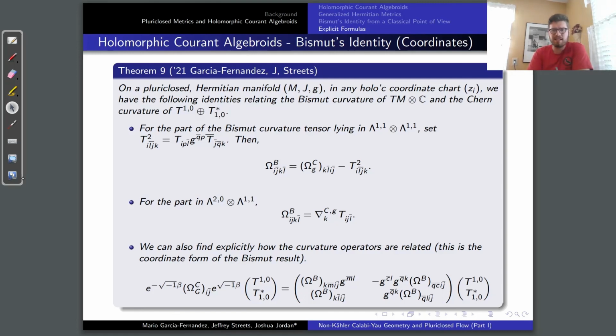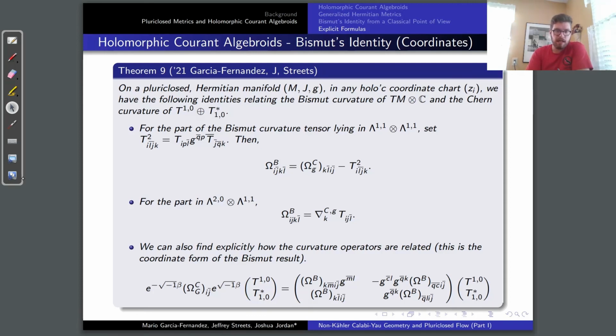I'm writing this as like a linear operator. So if you put tangent plus cotangent here, then this part eats the tangent and spits out a tangent. This part eats the cotangent, spits out a tangent. Just to clarify.